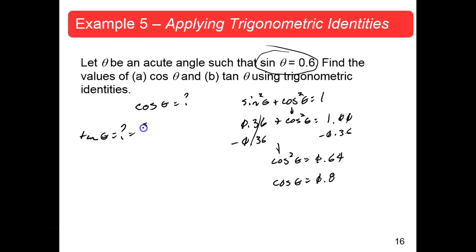Sine theta over cosine theta, which would be sine theta, 0.6, divided by 0.8. And let's move the decimal one place to the right on both of them. That's 6 over 8. And any common factors between 6 and 8? 2. So that would be 3 over 4, which is 0.75.